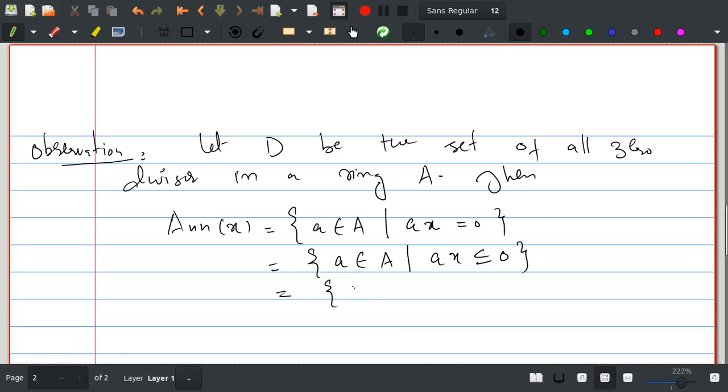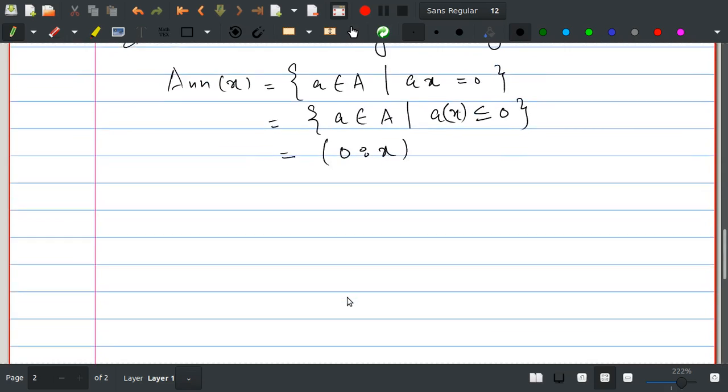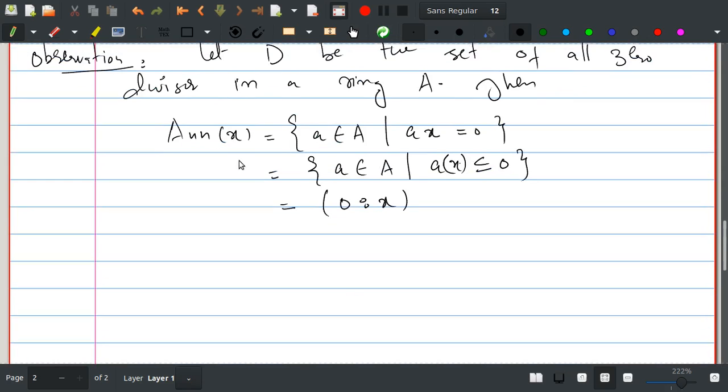So this is the annihilator of the ideal generated by x. So it is actually 0 colon the ideal generated by x.